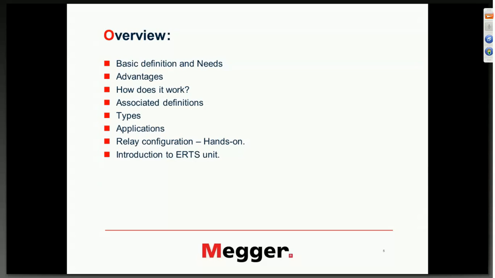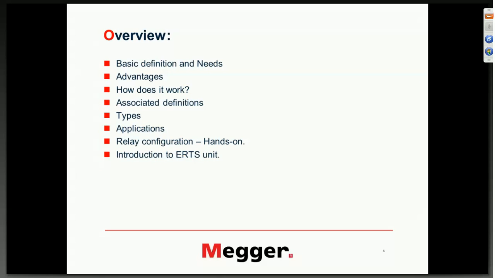We're going to continue from there on the types of auto reclosures. There are a few types, and we're going to see that as well. After that, we are going to move on to the application side of auto reclosures. We're going to see where it is used, how it is used, and how it is set up in your system. As the topic of the presentation, we are going to see how you can configure your relay for doing the auto reclosure function.